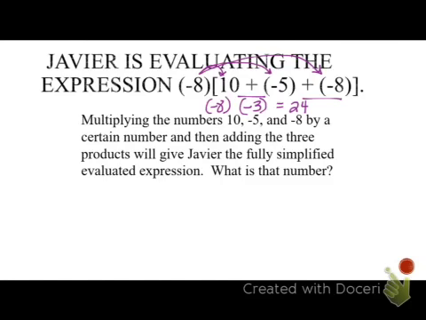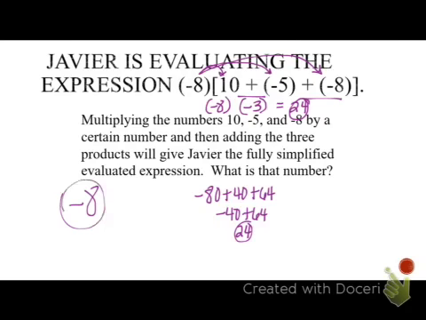So when you have negative 80 plus 40 plus 64, you come up with negative 40 plus 64, which gives you 24. So the number that we multiplied by each one of those was negative 8. Our answer is negative 8.